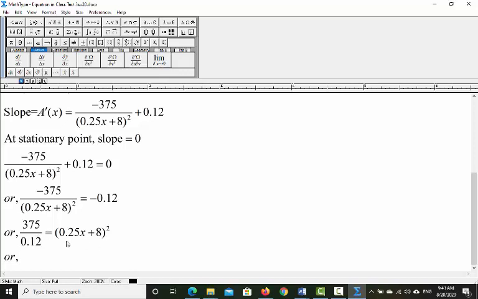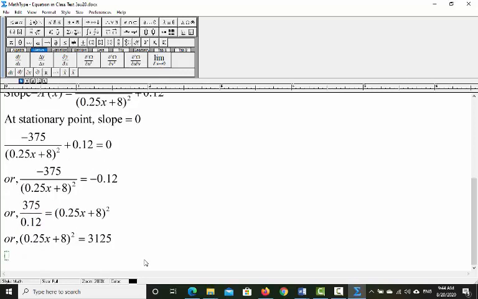So let us divide this one. We can write this one on the left hand side, is equal to, let's divide: 375 divided by 0.12. So we will get 3125. Right.